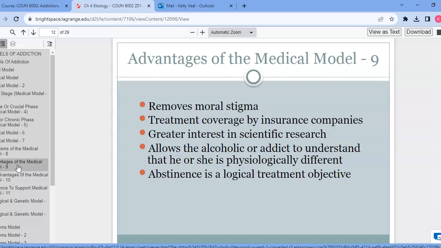Abstinence is a logical treatment objective, but not necessarily anything I ever go for. I know that might be controversial, and it's fine. It's controversial with people that I even work with at my own clinic. I'm a harm reductionist in that I feel very strongly that any hurdle that we cross is positive.